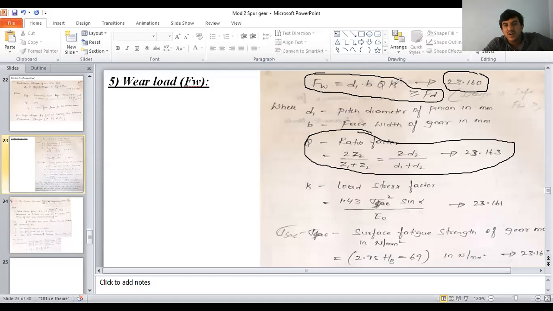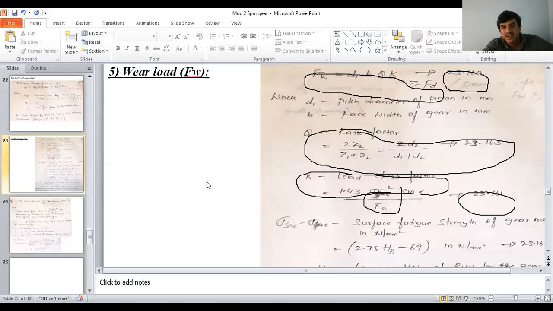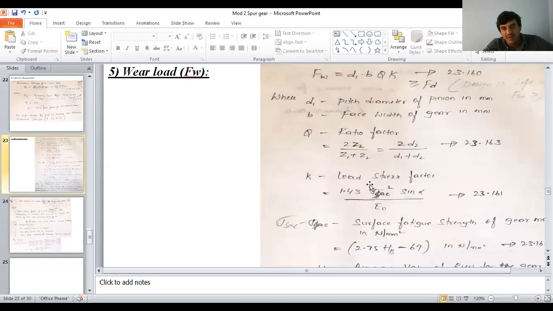This K is the load stress factor. This is the formula used for the load stress factor. In this, alpha is the pressure angle and sigma is the surface fatigue strength. If the BHN value is given in the problem itself, then you use this formula.